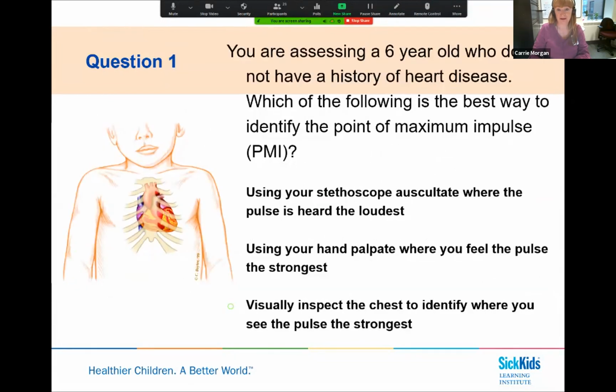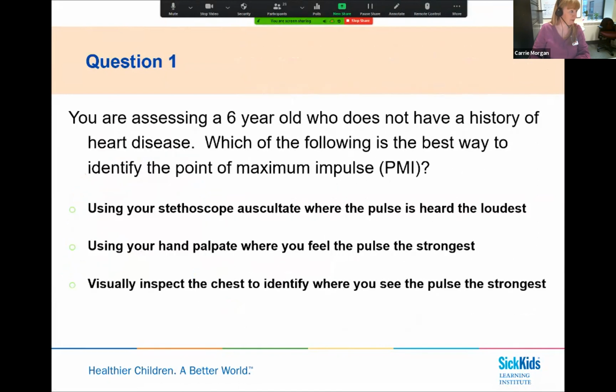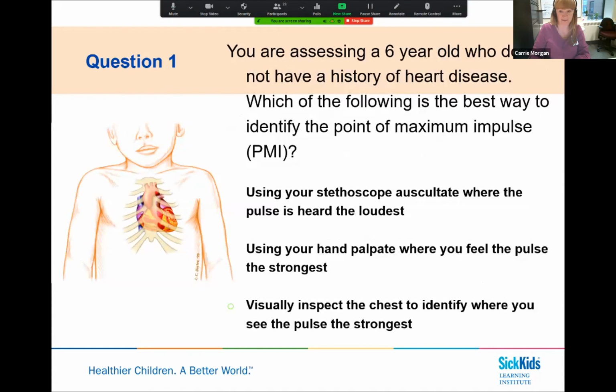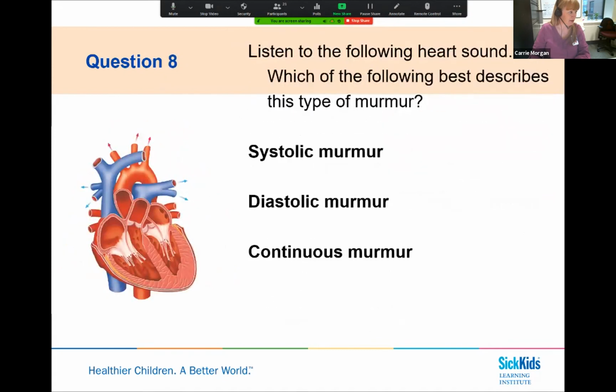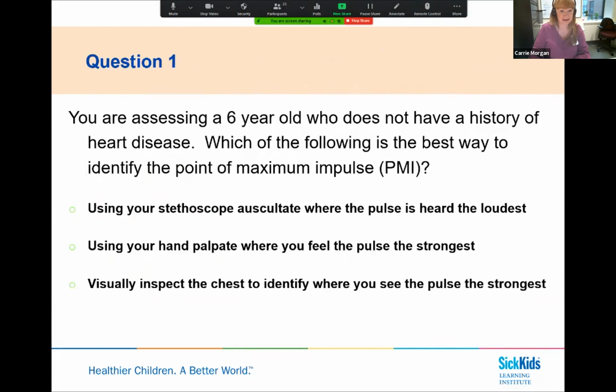Okay. This should say question 2. I'm not sure what happened there, but question 2. So you are assessing a 6-year-old who does not have a history of heart disease. Oh, what happened here? Something happened. Okay, not sure. We got that one question duplicated. Not sure what happened there. Sorry about that. Let me just make sure that I've got the right slides pulled up. And I don't. Okay. Sorry, can you just give me a second here? I'm going to stop sharing because I have the wrong presentation pulled up. My apologies.